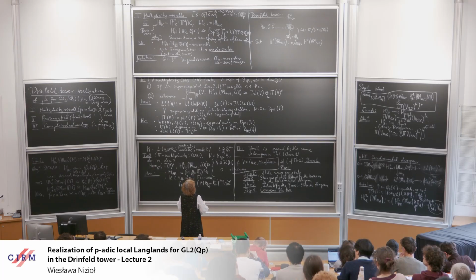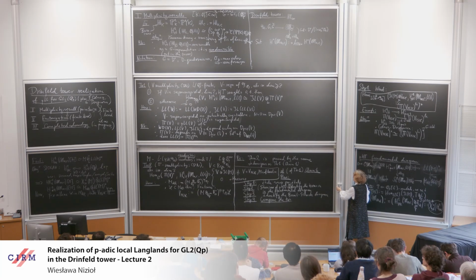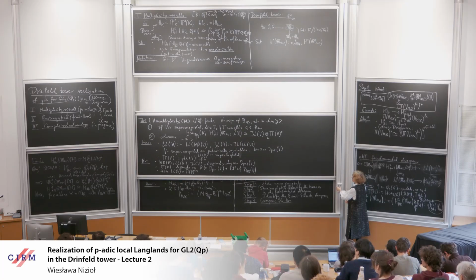And now I have to erase something with the middle one. Now I want to recall what we get as an input actually from the Breuil-Strauch conjecture, which was proved by Dospinescu-Niziol.